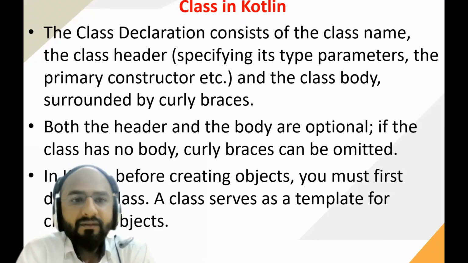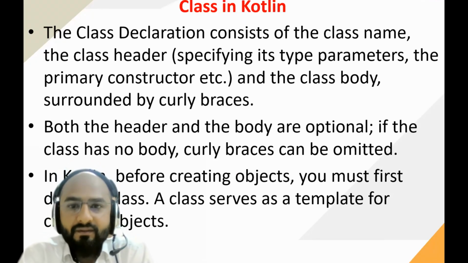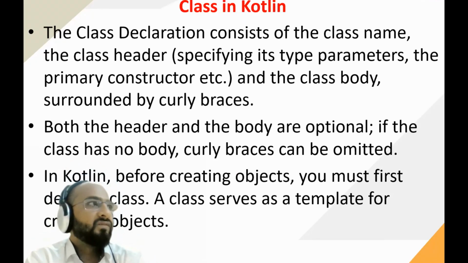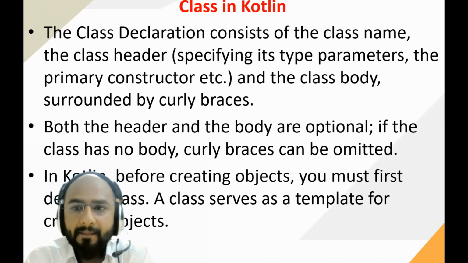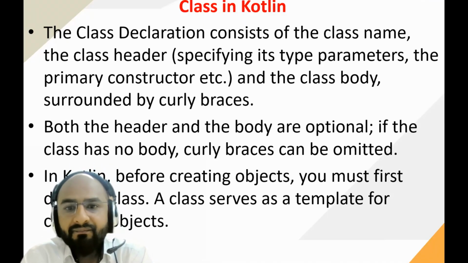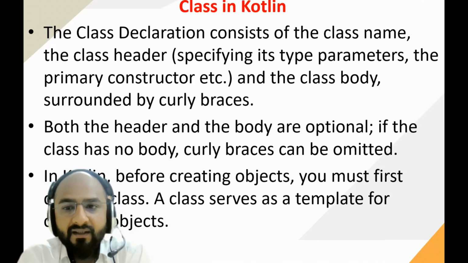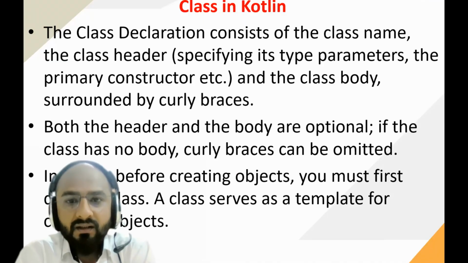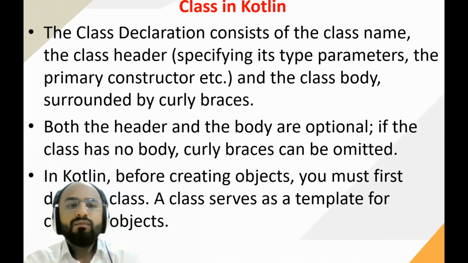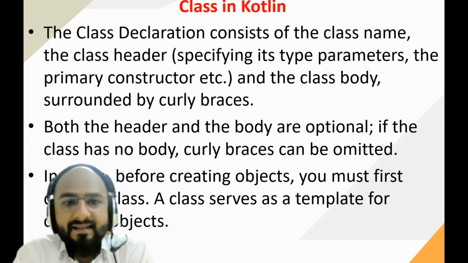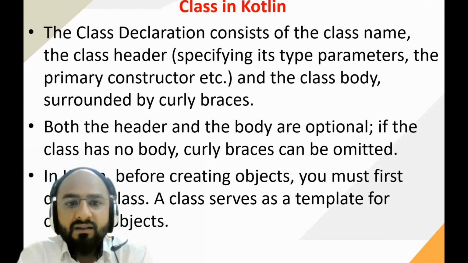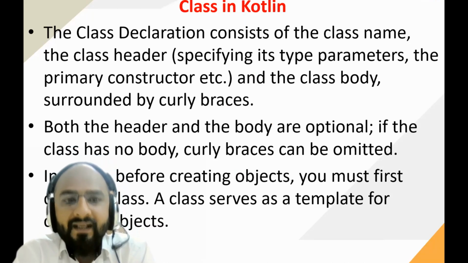So let's understand class first. What is a class? The class declaration consists of a class name, the class header specifying its type parameters and the primary constructor, and the class body surrounded by curly brackets. So when you need to create a class, you just need to write the keyword class, and after that you can declare the class by providing the class name.